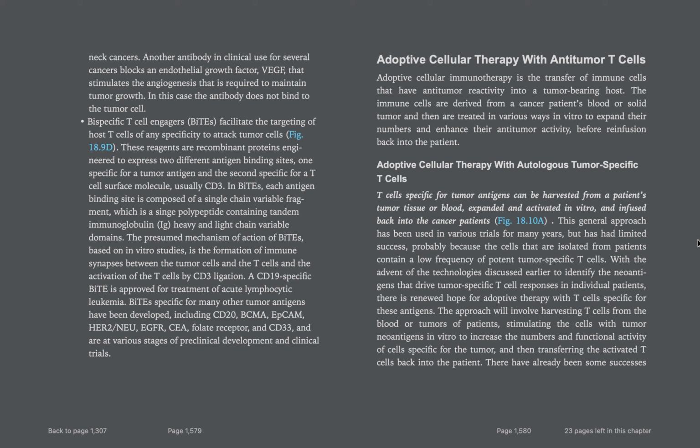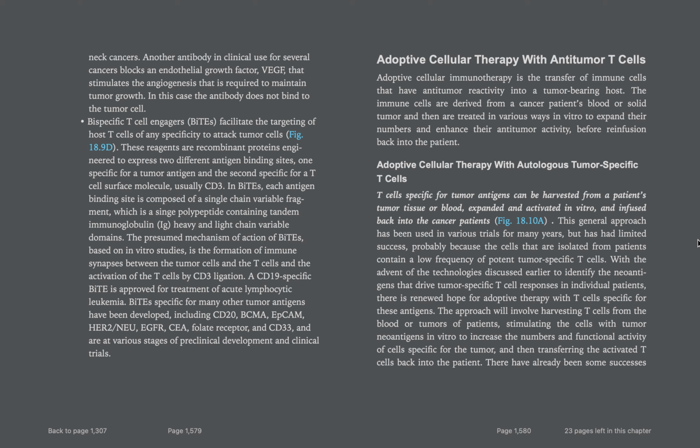The presumed mechanism of action of BiTEs, the bispecific T cell engagers, is based on in vitro studies showing the formation of immune synapses between the tumor cells and T cells and the activation of T cells by CD3 ligation.